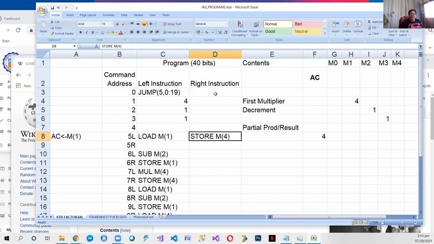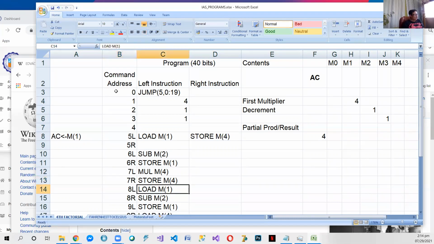It's the address in memory. Because your memory will have addresses, right? It starts with address 0, address 1, address 2. Do you follow? Pero sir, like, nandito ko sa row number 8, yung 5L, load M1, store M4. Ano dapat nakalagay dyan? Now this is the address.